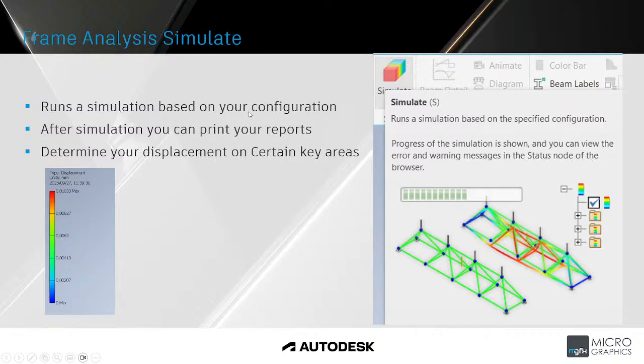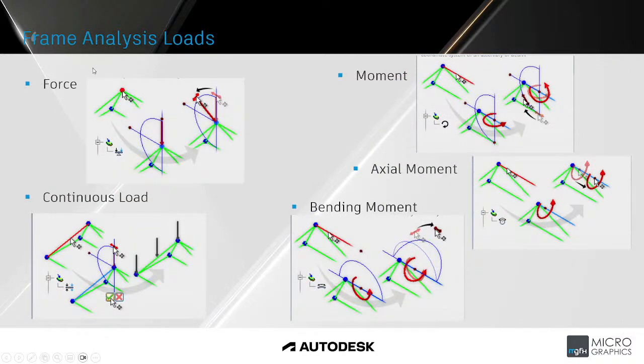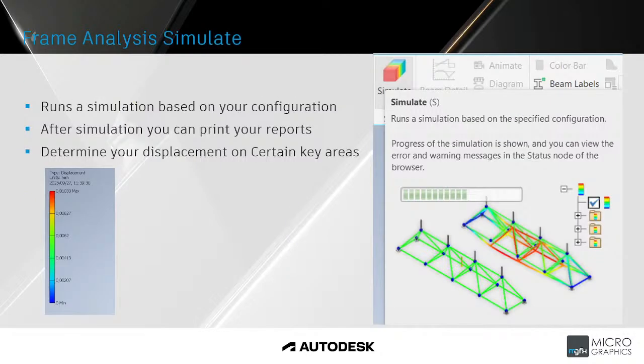So when you run a simulation, you can configure it with your different simulations. And as I mentioned, with your different types of forces, your simulation will go hand in hand with your different force or continuous loads. So depending on what you select here, will be the outcome of your simulation.